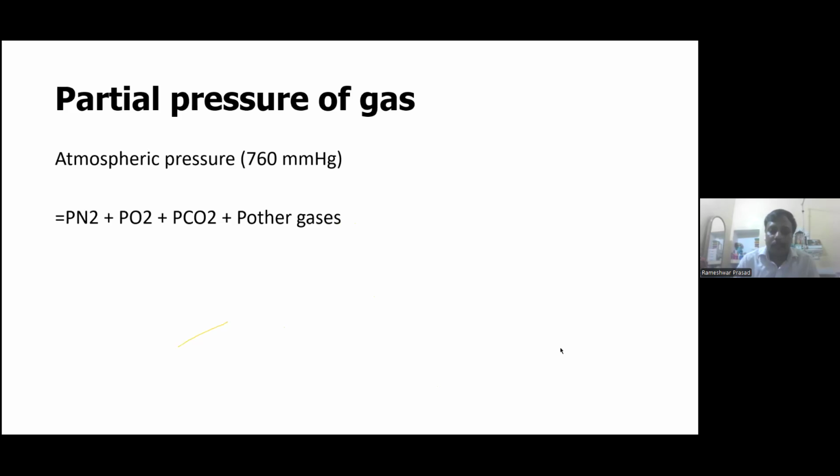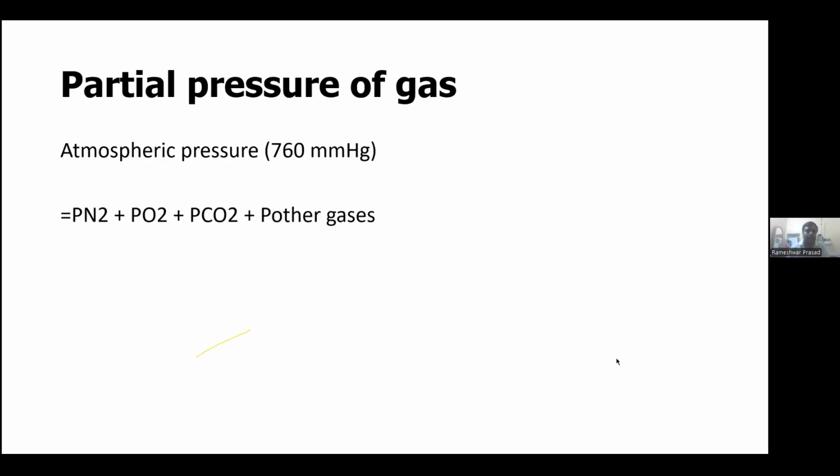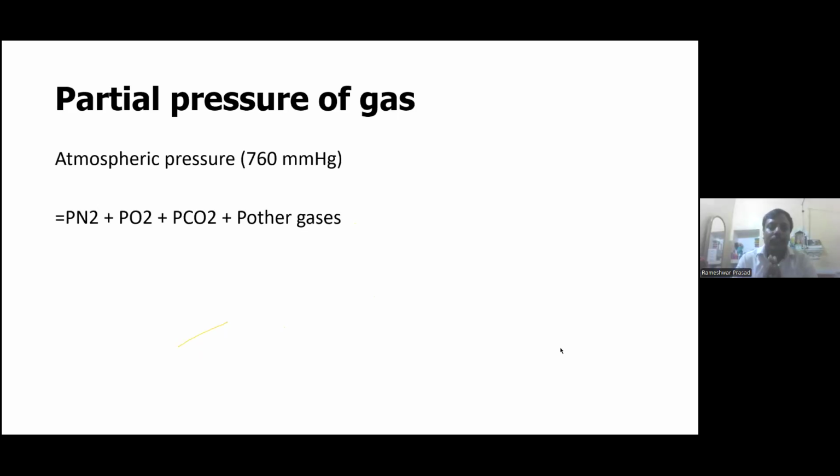Now, before going to the details, one thing I want to ask the participants, they can answer in the chat box. We know that atmospheric pressure is 760 millimeter mercury at sea level. However, this air is made up of multiple gases. It contains nitrogen, oxygen, carbon dioxide, and other gases in minute amounts.